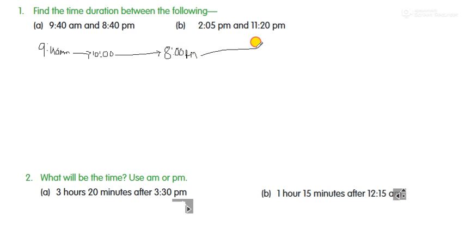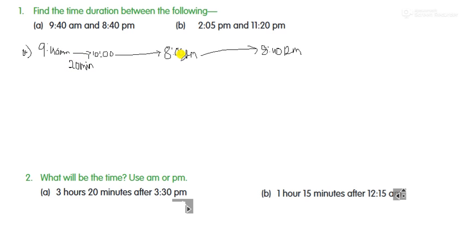Next 8 pm to 8:40 pm. So 9:40 to 10 is 40, 45, 50, 55 and 60. So it's a 20 minutes difference.